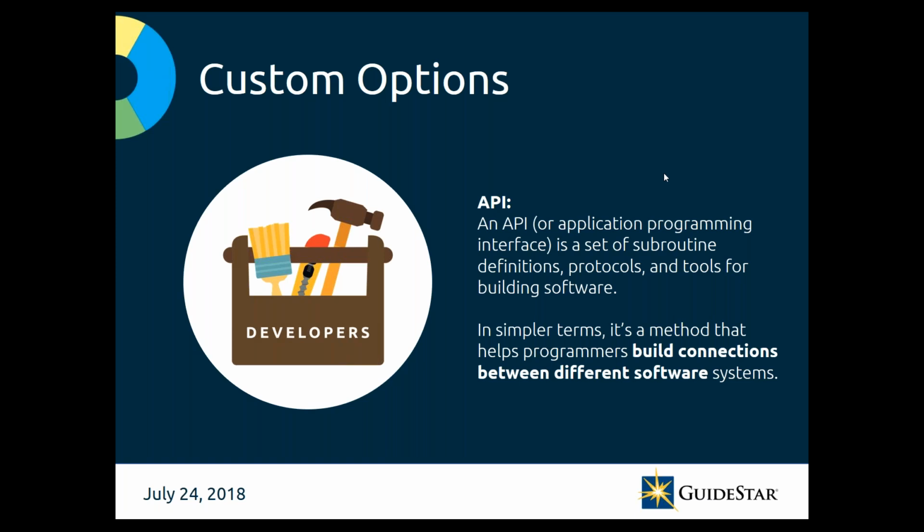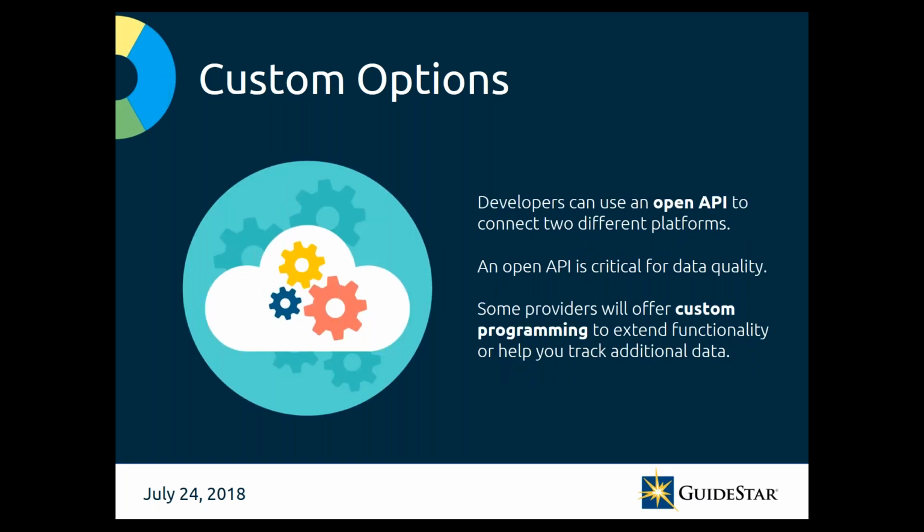So I'm using first name, last name as simple stuff, but it can be donations. It can be event registrations. It can be volunteer information or completely custom information, because developers can use an open API to connect to different platforms. And an open API is absolutely critical for data quality.